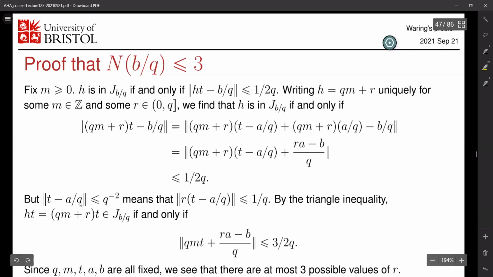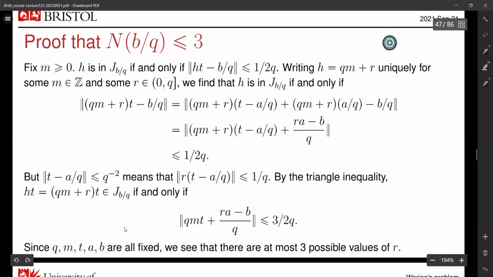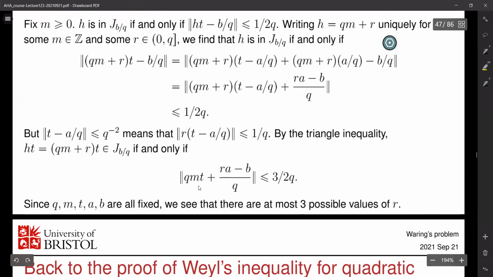We're pretty close to a over q by a factor of 1 over q squared. When I multiply by r, that means I'm within a factor of 1 over q. And the triangle inequality tells us that this means that q of m t plus this edge that we had before that we had to worry about is at most 3 over 2q.